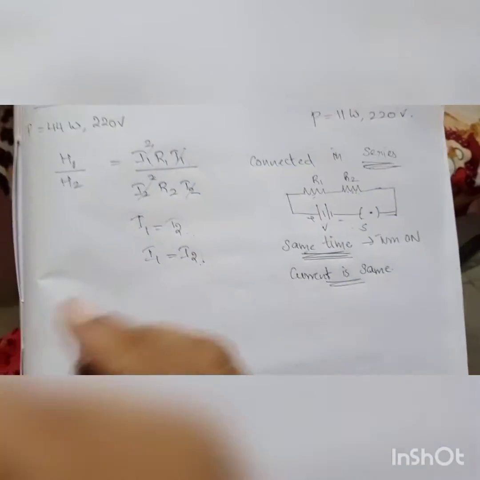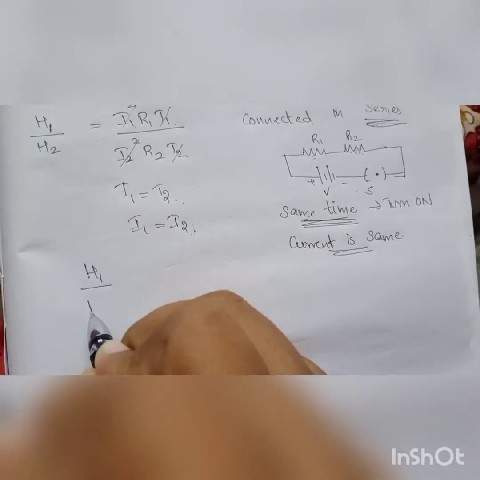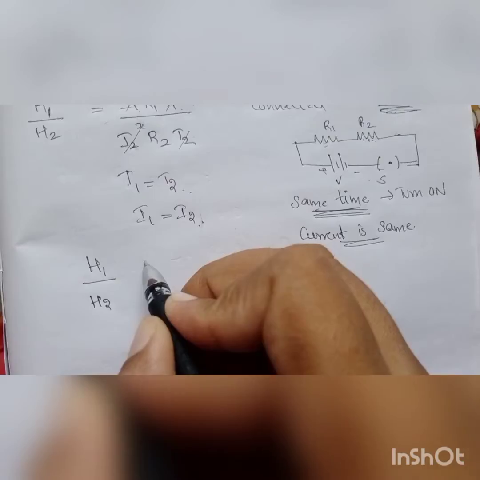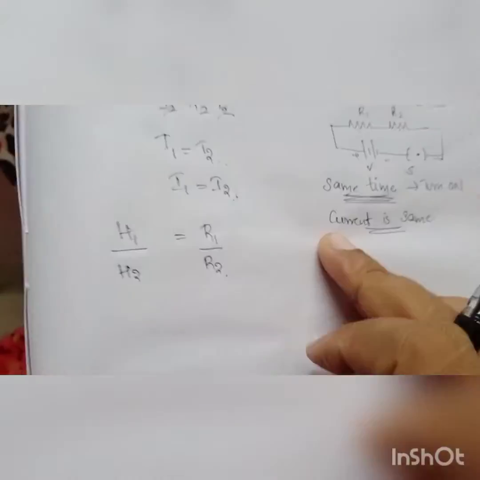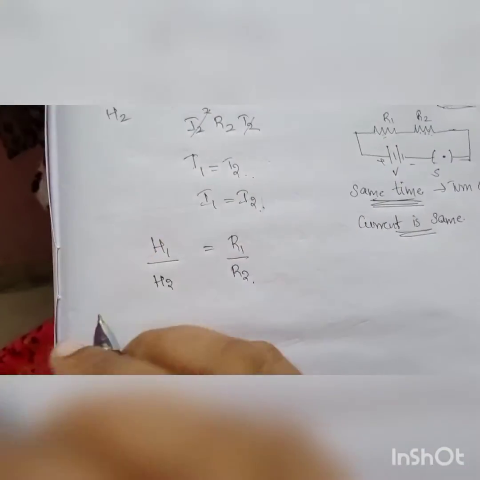So what is the rest here? I can write H1 by H2 will be equal to R1 by R2. This is the relation I am getting. Now let us take device 1.